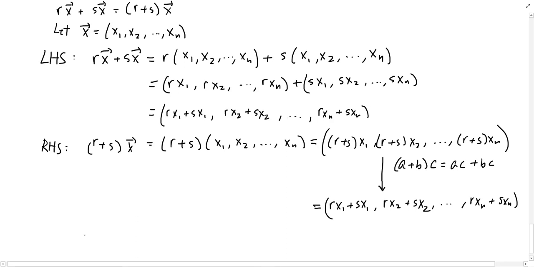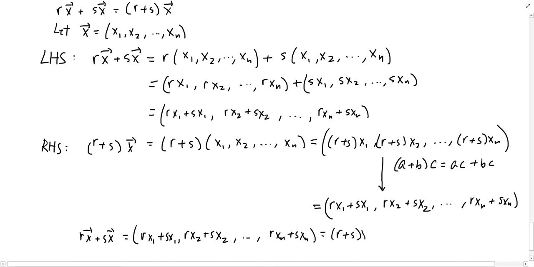R vector x plus S vector x equals Rx1 plus Sx1, Rx2 plus Sx2, dot dot dot, Rxn plus Sxn, which is also equal to R plus S vector x. So that completes my proof.